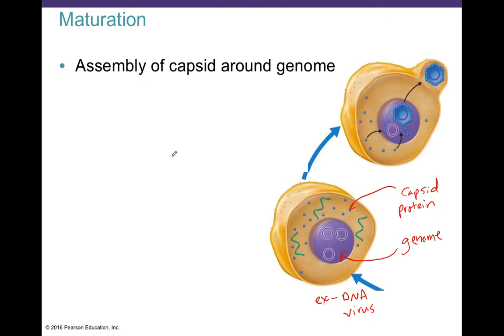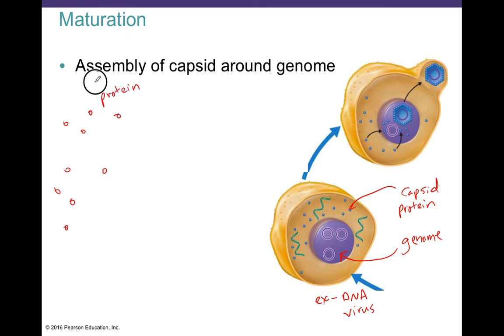Virus assembly is actually a really complicated and finely tuned process, and we don't have time to talk about a lot of the details. But the main take-home message is you have these individual protein subunits in the cell.